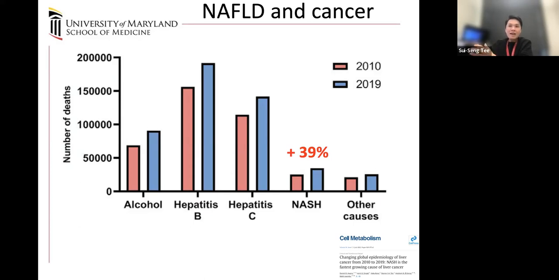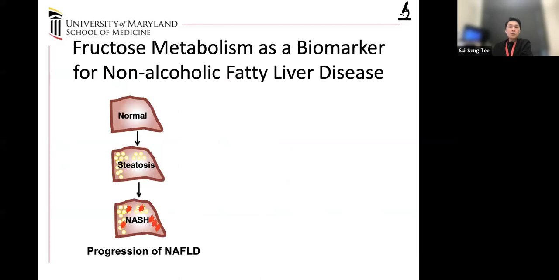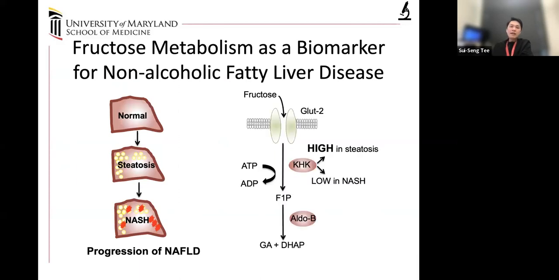It's not the main cause yet, but it has seen the largest increase in the incidence of liver cancer. A lot of experts predict that in the future, NASH will be a leading contributor of liver cancer, especially in developed countries.